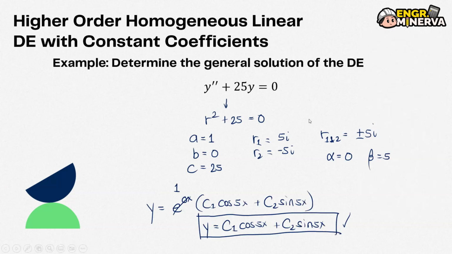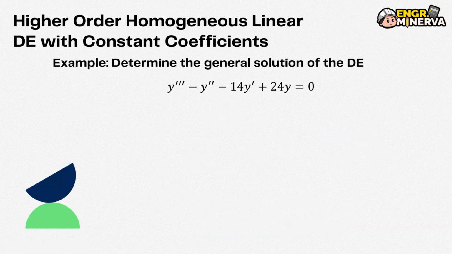Next example. What if we have a DE higher than second order? So this is now a third order DE. If you convert a third order DE into its characteristic equation, it would now become r cubed minus r squared minus 14r plus 24 equals 0.